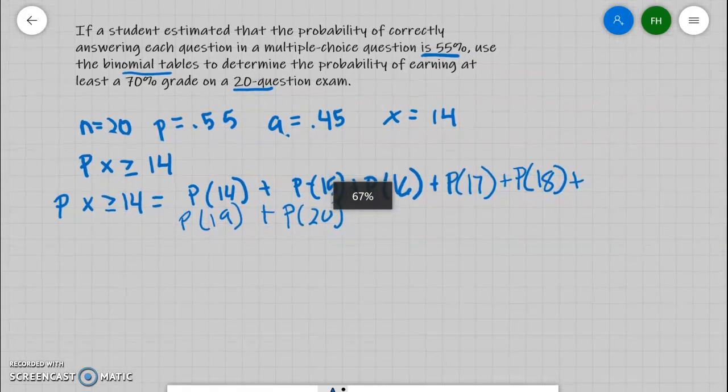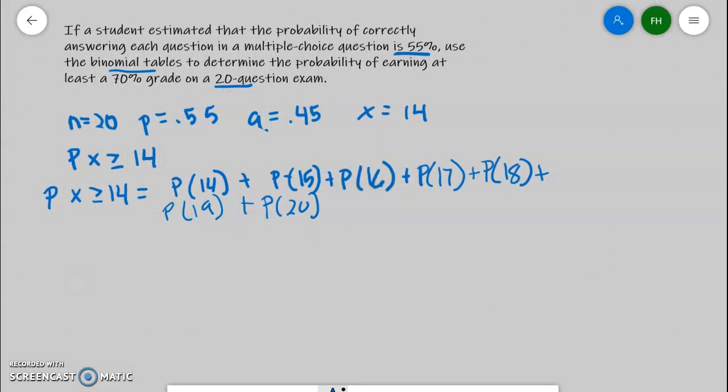So you can use the binomial table, and you need to find where N is 20 and P is 0.55, and go through and get the probabilities for each of these numbers.